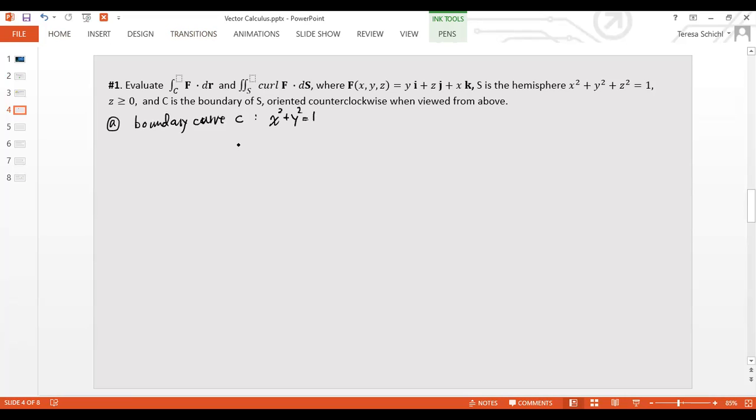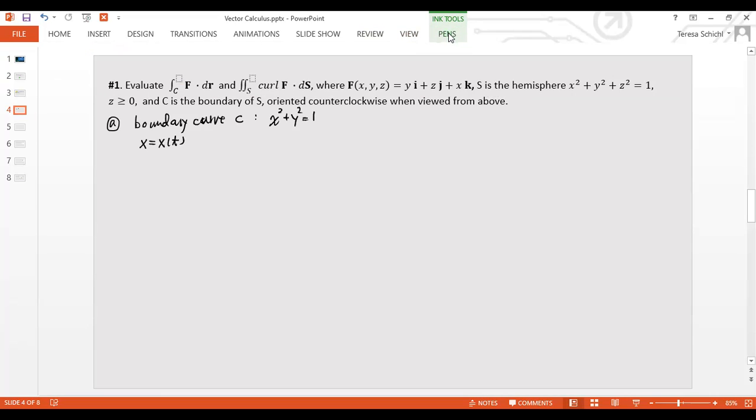Remember, the line integral, you can change it to the parametric form. This one is a pretty easy parametric form. So x equals what? x(t), and y equals y(t).